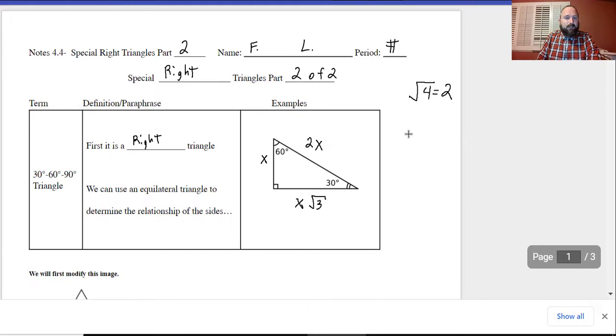That's a little trick. Let's go over the order again: 2x is the longest, 90 degrees, followed by x radical 3, and then x. That's one of the little tricks to remember. This is the order of longest hypotenuse, middle long side, and shortest short side. All right, let's go on.